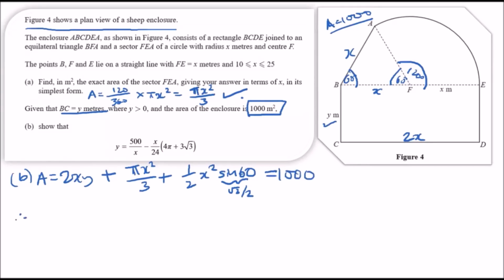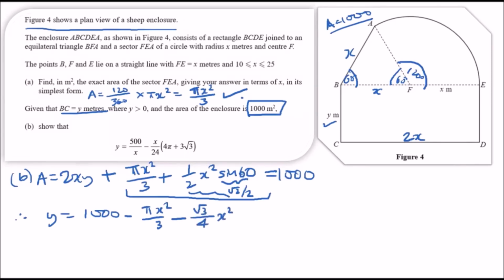Now all we do is rearrange and get the answer. By making y the subject, we subtract all of this across and then divide by 2x. So y equals 1,000 minus pi x squared over 3, minus, let's simplify this part, half times root 3 over 2, which is root 3 over 4 x squared, and divide it all by 2x.